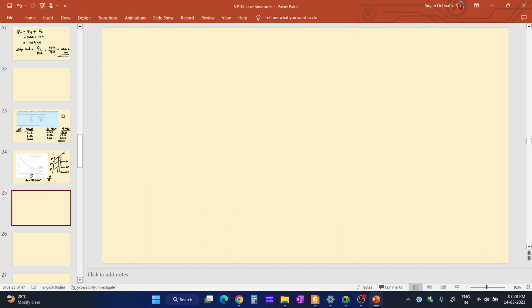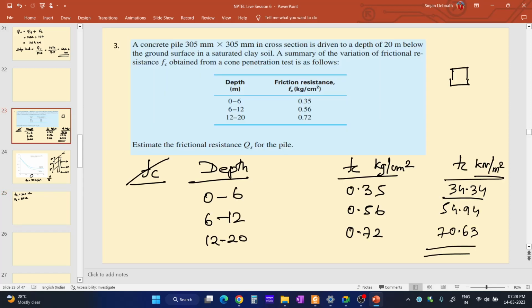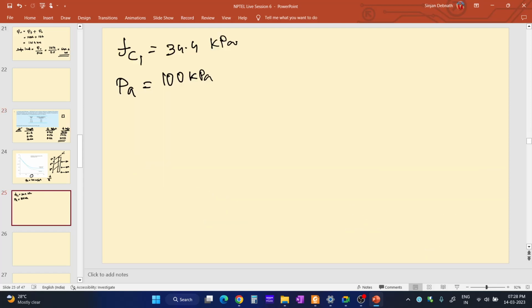FC1 is 34.4 and PA is equal to 100 kPa, all in kilonewton per meter square. So what will be FC1 by PA? FC1 by PA is 0.34.